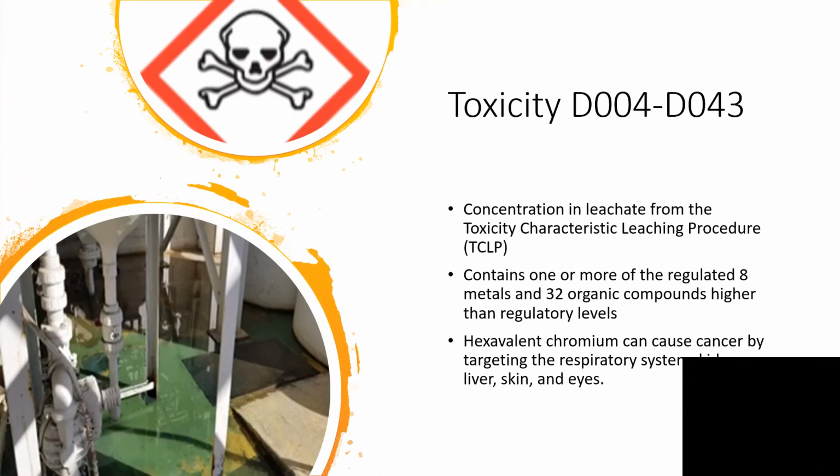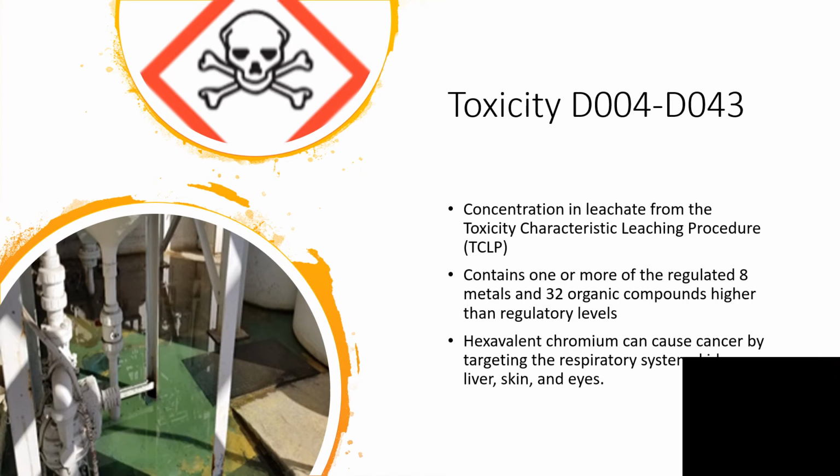Lastly is toxicity. The concentration in leachate from the toxicity characteristic leaching procedure determines the level of toxicity of a waste. It contains one or more of the 8 regulated metals or 32 organic compounds higher than the regulatory levels.